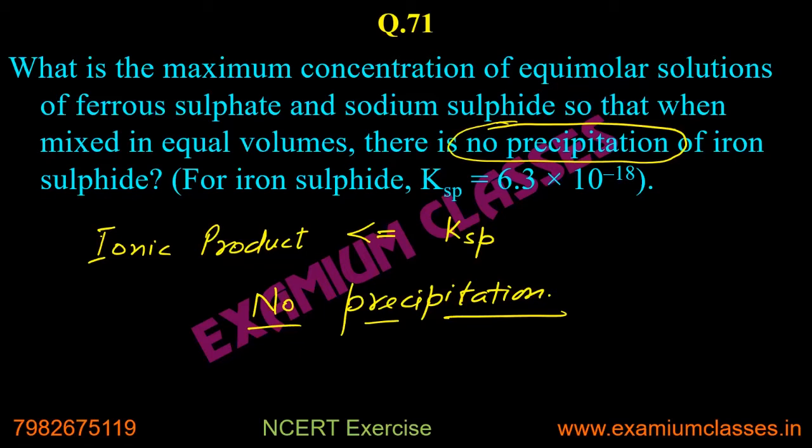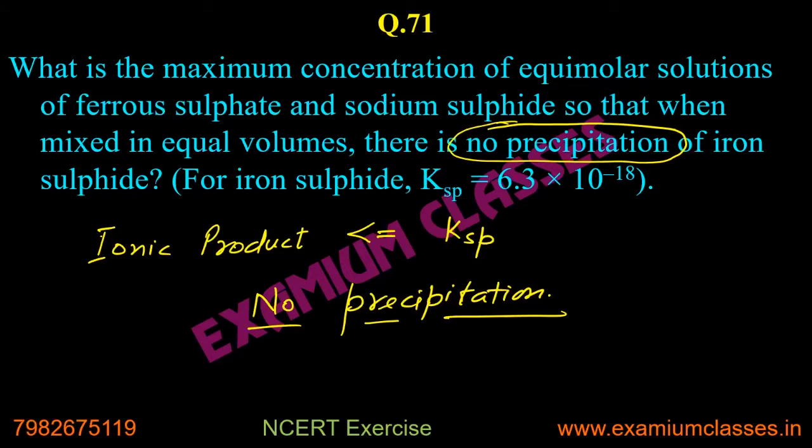That's what I told you, Arohi. If ionic product is equal to KSP, then no precipitation will take place because the forward rate and reverse rate will be equal, so whatever is produced comes back. Precipitation takes place only if ionic product is greater than KSP.